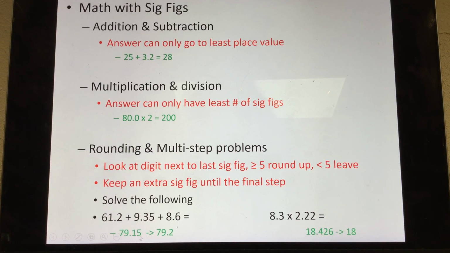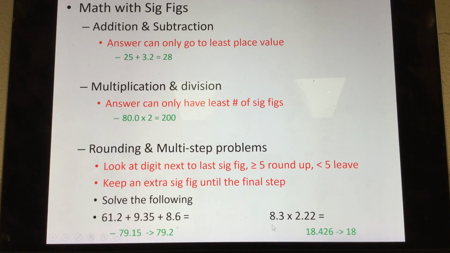So your calculator, when you plug that in, will give you 79.15. But again, we have to stop at the tenths because of these two numbers. And since this is a 5, or greater, we would round that 1 up to a 2. So the correct answer would be 79.2.